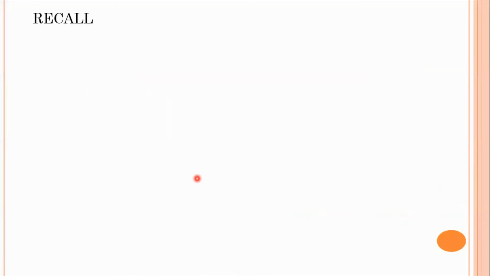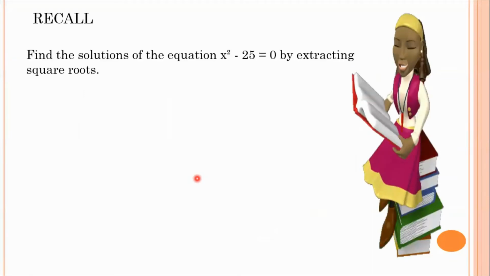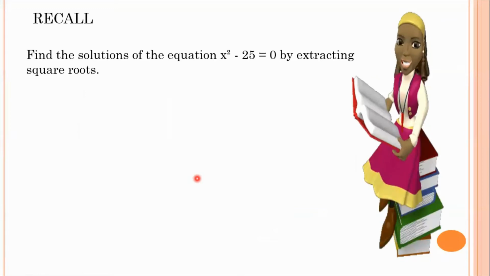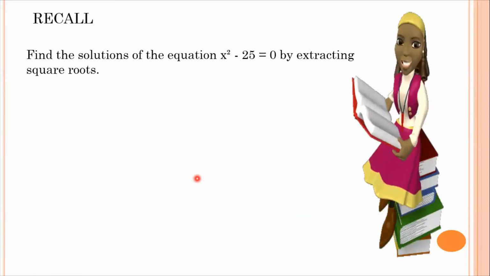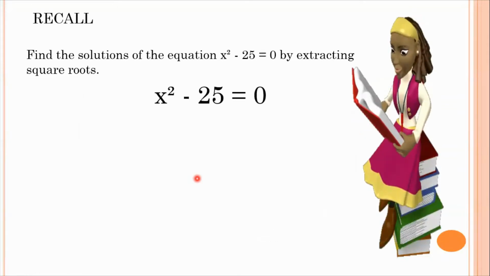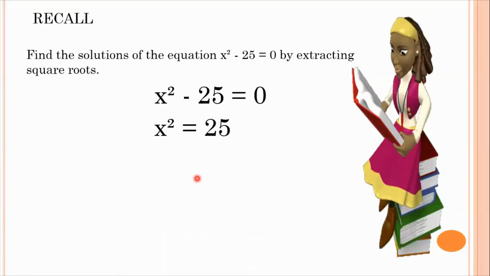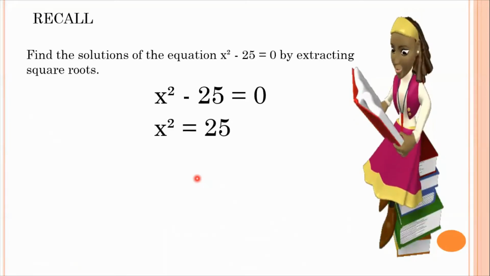Okay, let us recall our last topic in my last video lesson. And that is find the solutions of the equation x squared minus 25 equals 0 by extracting square roots. So, our given is x squared minus 25 equals 0. We use addition property. So, we have x squared is equal to 25.